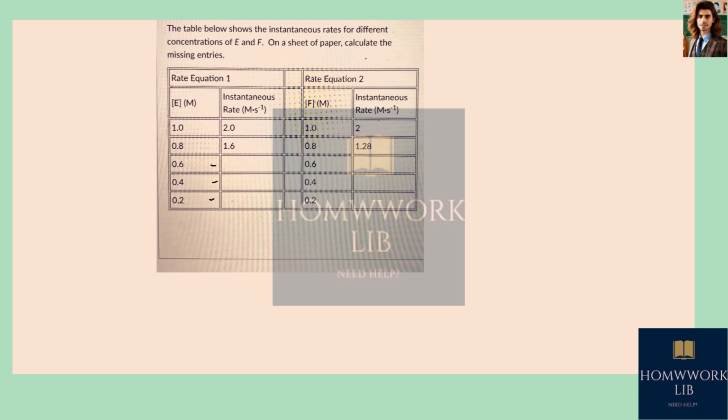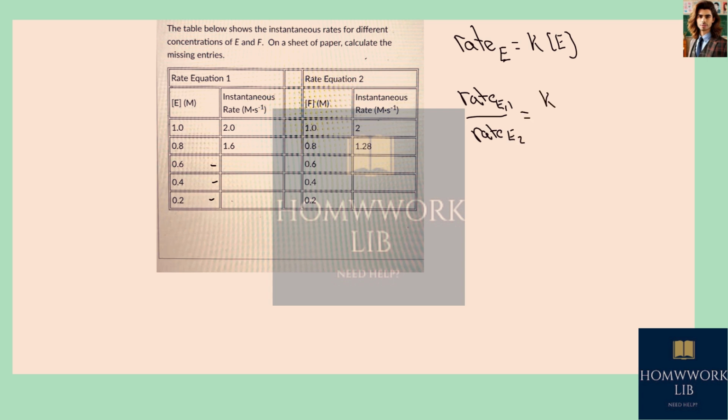So for the reaction of E, we're going to begin with the rate for the reaction E. This is going to be equal to a rate constant times the concentration of E. What we know in this case is that if we divide the instantaneous rate of two different experiments, what we're going to get is rate, let's call it E1, divided by rate of E2.